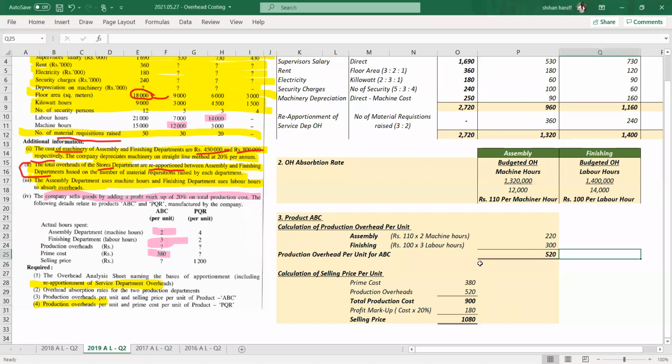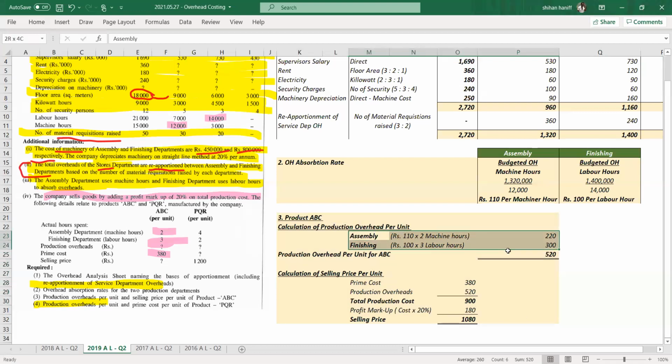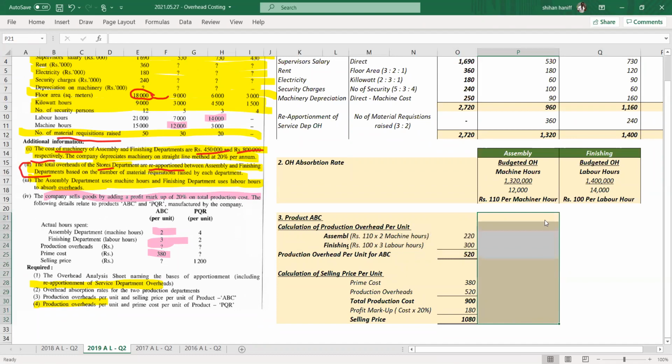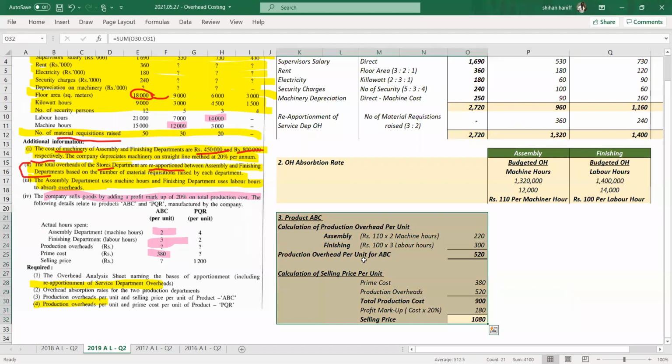This is product ABC. Now let's calculate for product PQR.